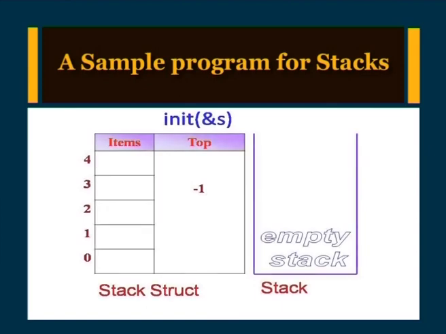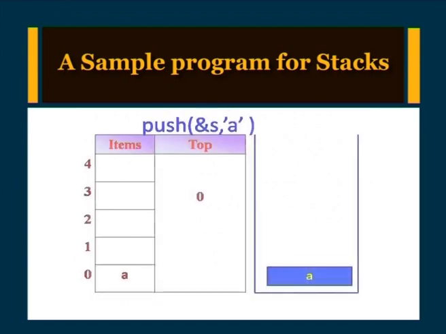As we see, after call to init function, the value of top is set to -1 and the stack is empty at that point. When the function push is called, the variable top is incremented to 0 and element A is stored at index 0 of items array.